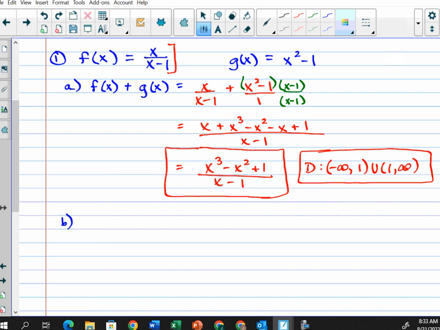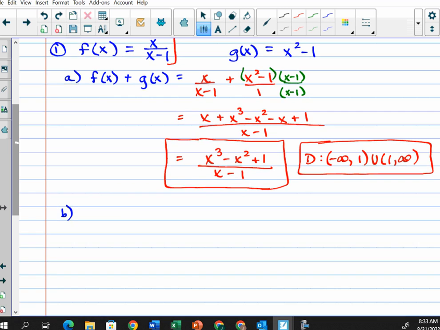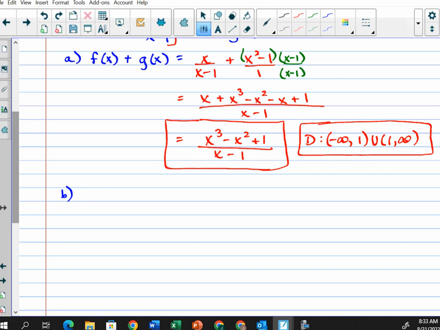Questions on part A? Okay, part B, let's try f of x times g of x.